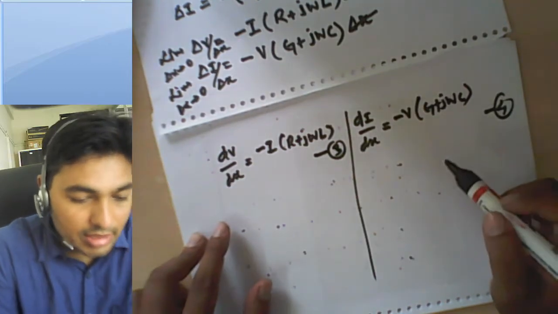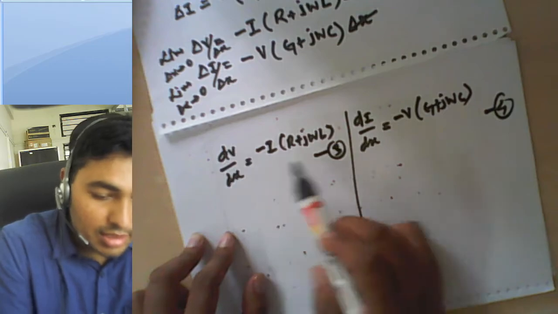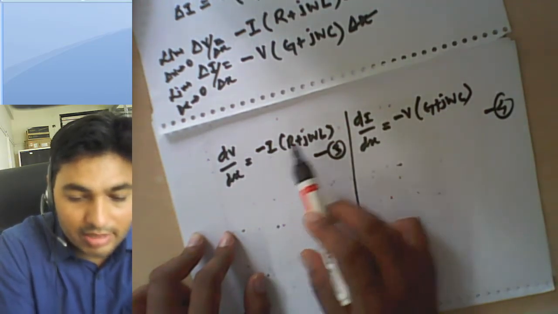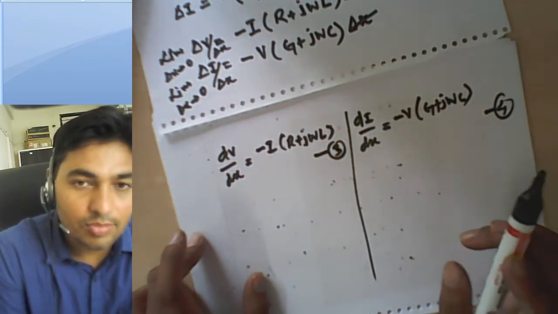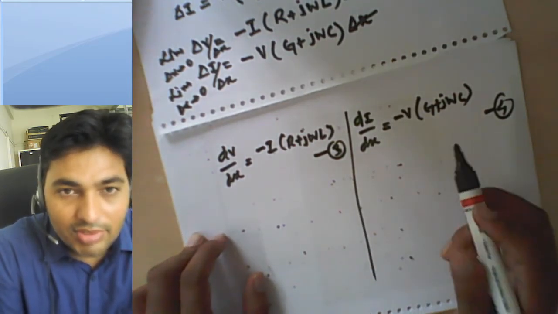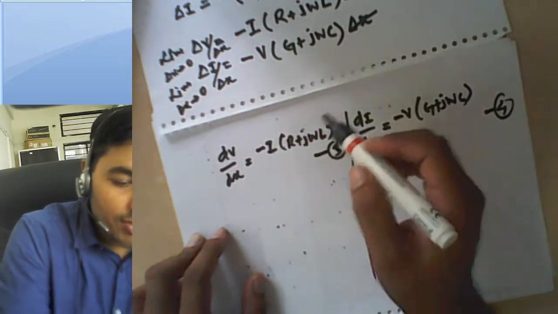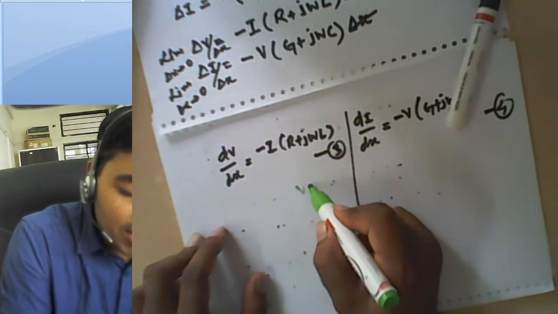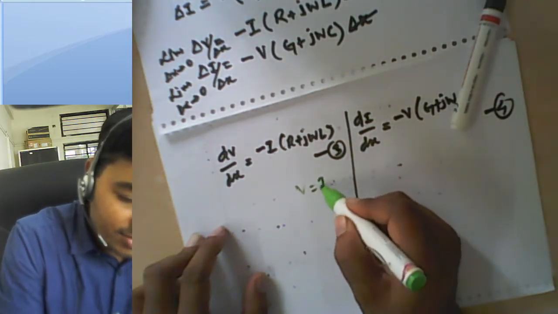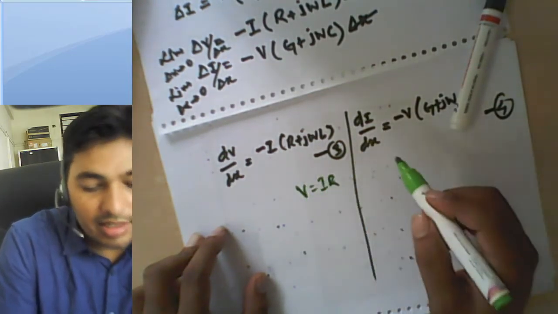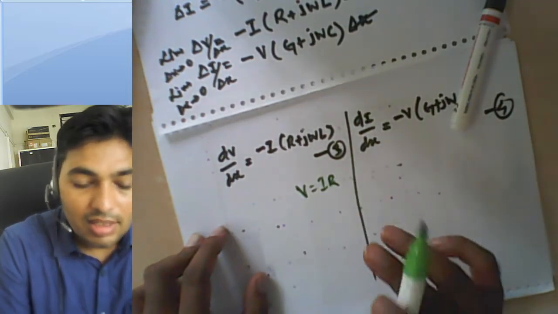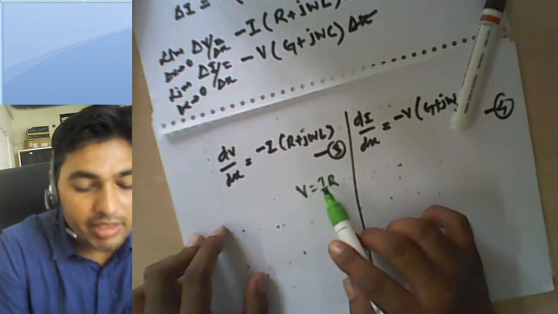So these represent the relation between voltage and current. At lower frequency, what we have is Ohm's law, V is equal to IR. This is a linear relationship, and for any circuit there will be a linear relationship between voltage and current.